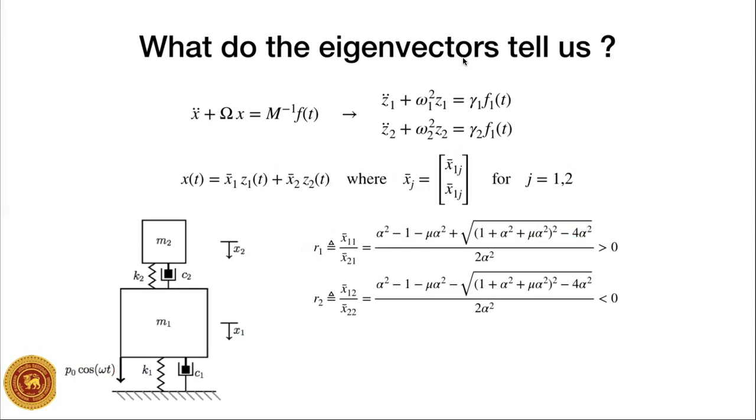For the second eigenvector, if you divide this by that, that is this ratio R2. Now if you rewrite this, if you pull x1 bar 1 out of this expression, it will be R1, and in the second one, if you pull x1 bar 2 out of the expression, then this will be R2.